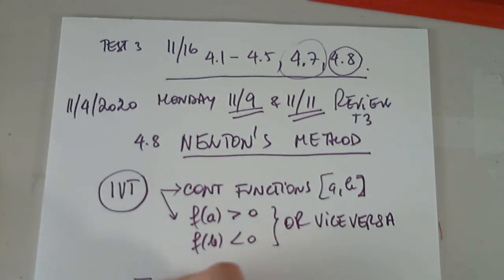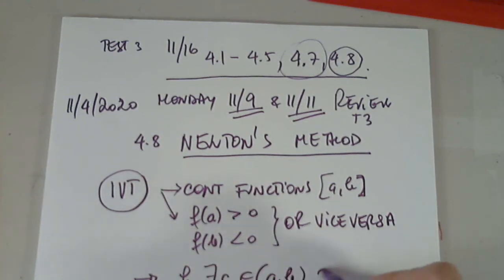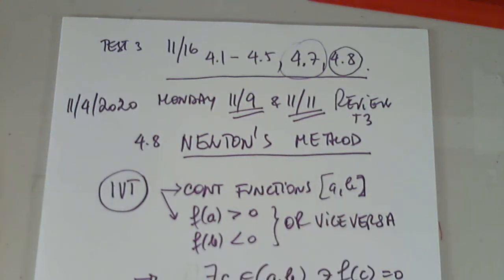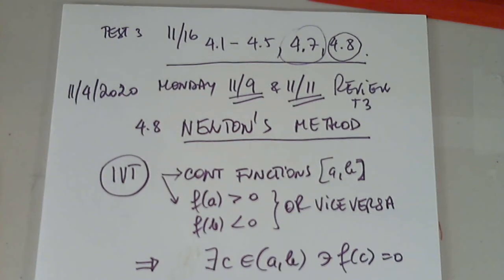And our conclusion was from here that there exists a c in the open interval a comma b such that f of c is 0. So this was a long time ago in chapter 2. Okay, we're going to use this again.